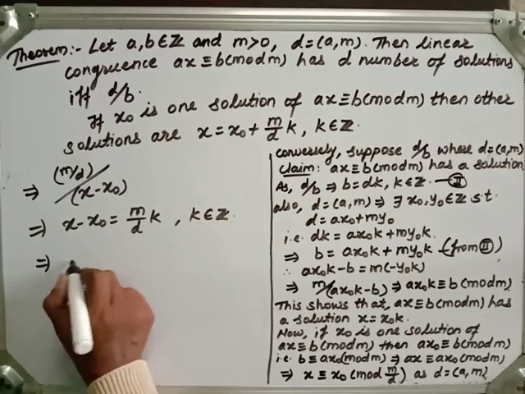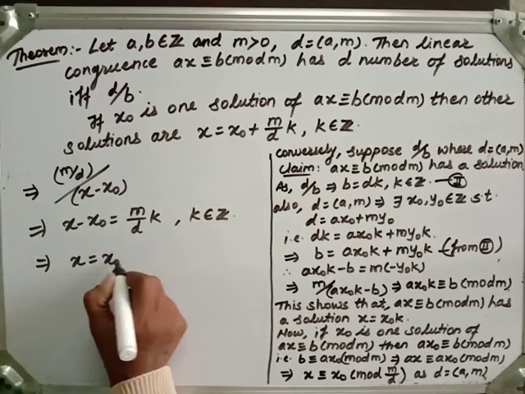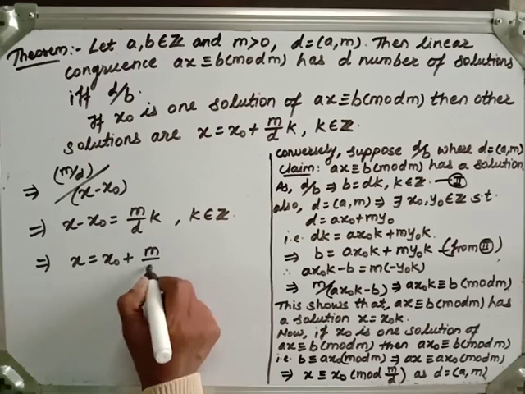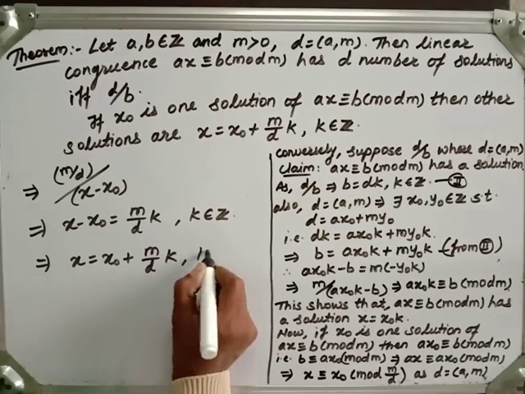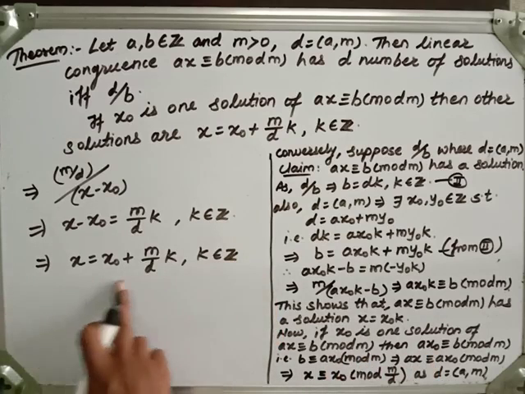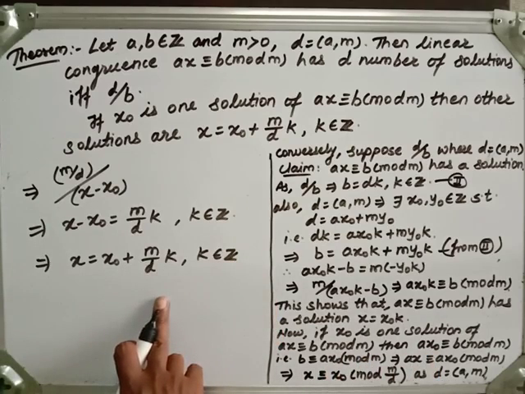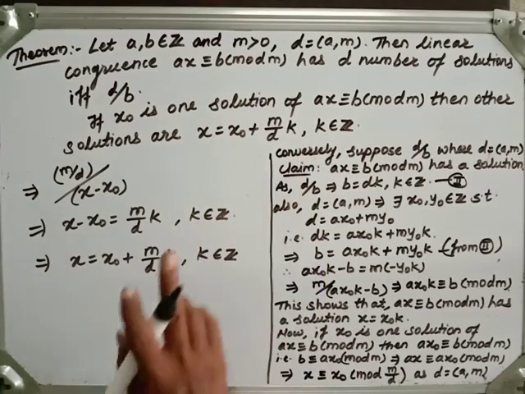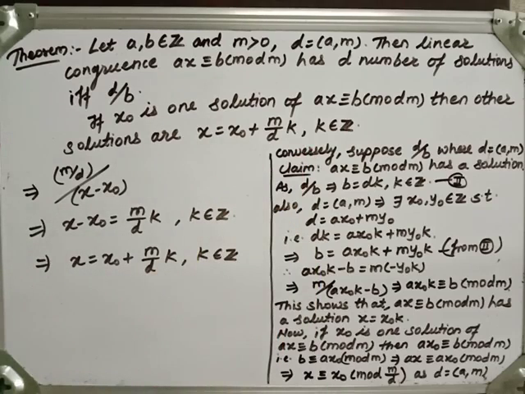So this gives x is equal to x naught plus M by D times some K. So if x naught is one solution, then this gives us the other solutions of this linear congruence. Fine. Now this is about this theorem.